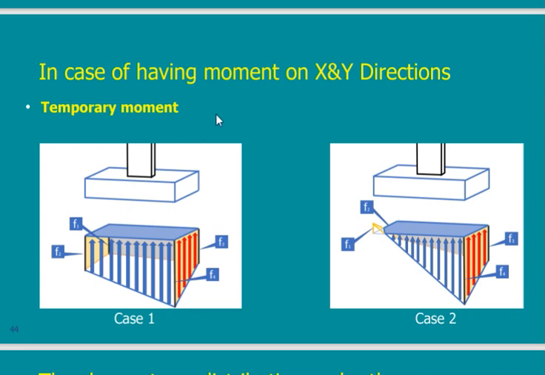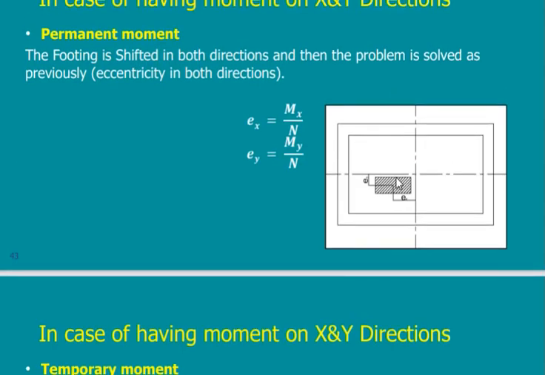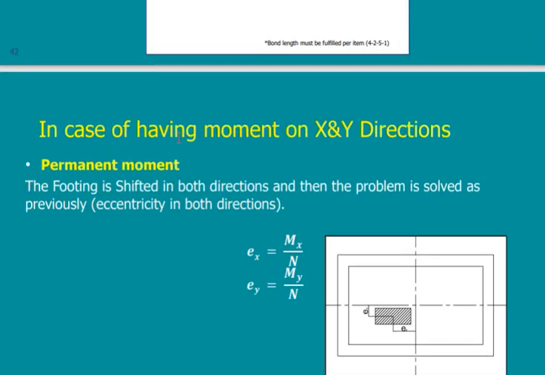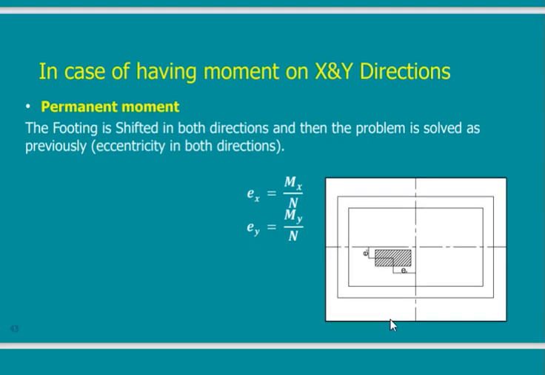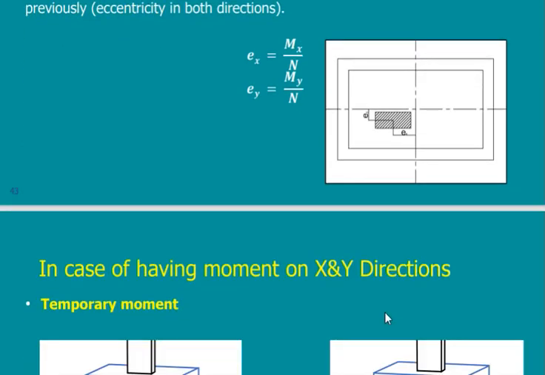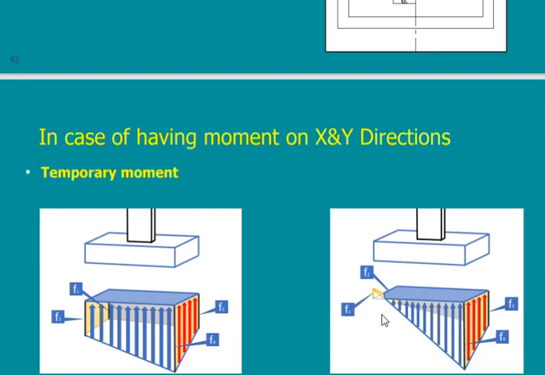In this case, the moment, this one, I have a temporary moment. This was in case we have moment in X and Y direction. If it is permanent, then I can shift the column. If it is not permanent, similar to the previous case we studied, no, I cannot shift the column.